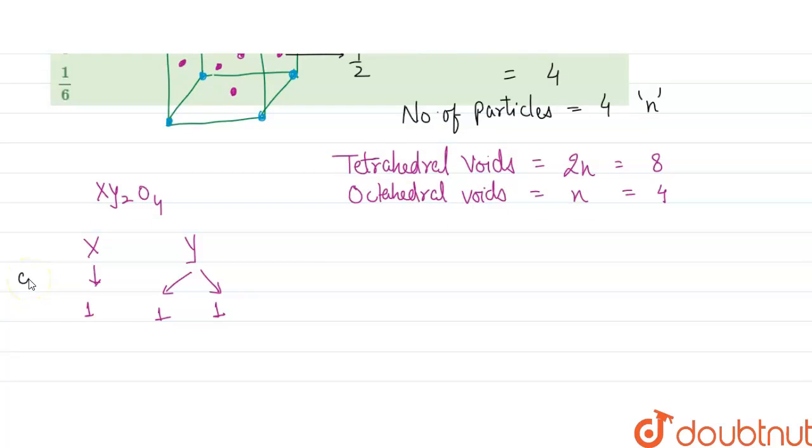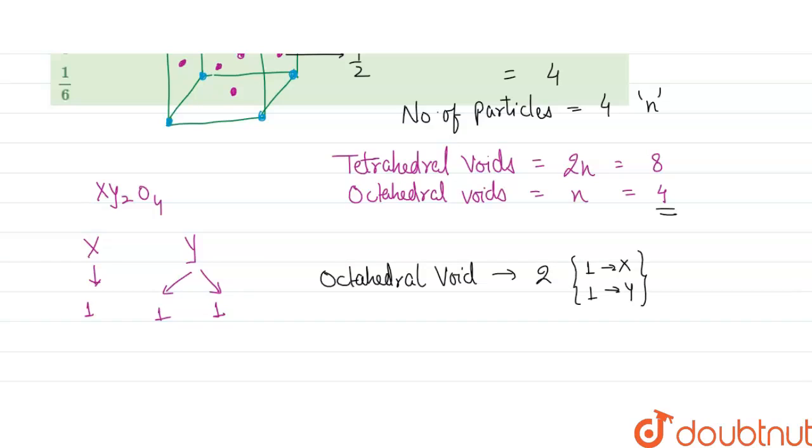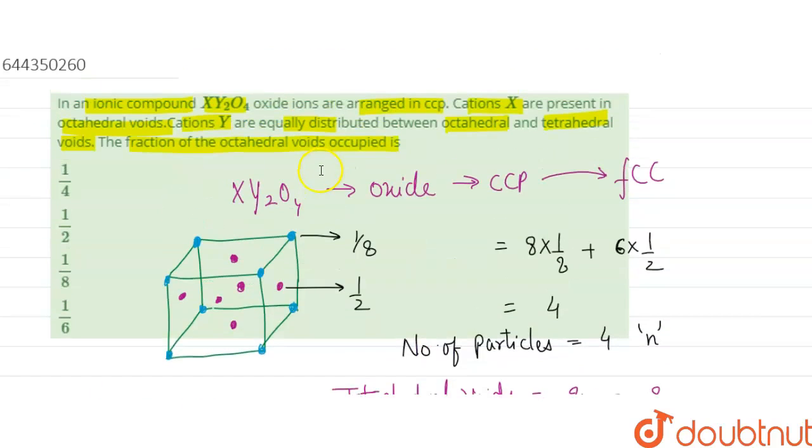So basically octahedral voids are present in X and Y. How many octahedral voids are occupied? A total of 2 octahedral voids are occupied, one by X and one by Y. Here the total number of octahedral voids is 4, as we have calculated.